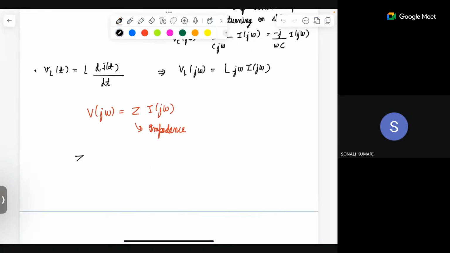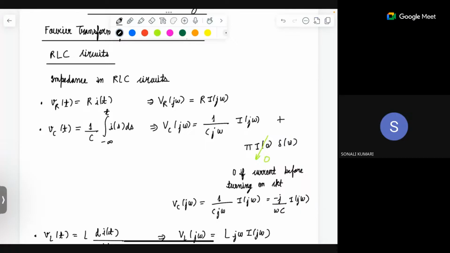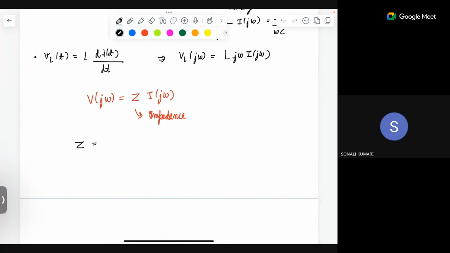Now Z is a complex number, because in the resistor there is a real component, and in the capacitor and inductor there is j. So in general, Z is a complex number and we can write it as Z equals A plus jB.